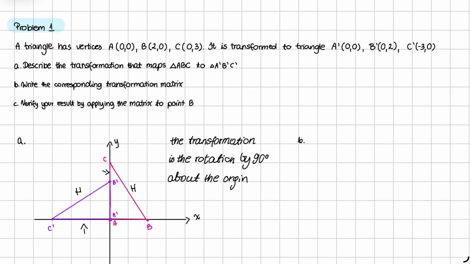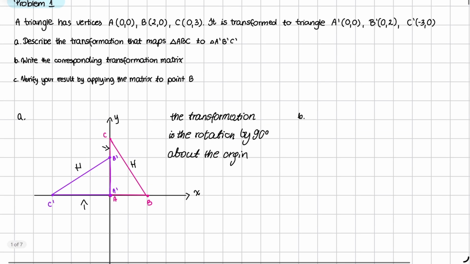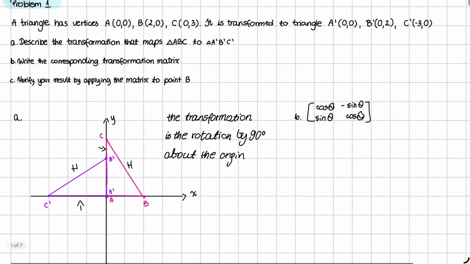B. Write the corresponding transformation matrix. In order to do this, we have to look for the transformation matrix in the booklet. You have 6 transformation matrices, and you have to look for anticlockwise rotation of angle theta about the origin, and it looks like this.